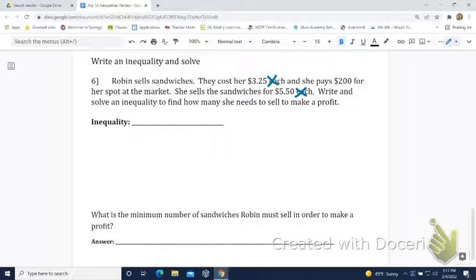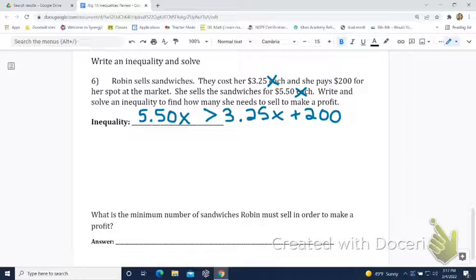So if I put the sales on the left, then 5.50x, that's the money she has coming in, right? That's her revenue, needs to be greater than the cost, which is the 3.25x and the $200. So that's my inequality.